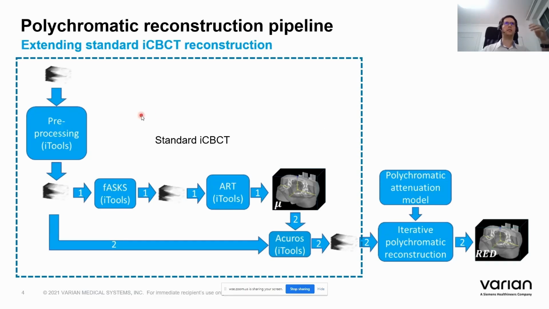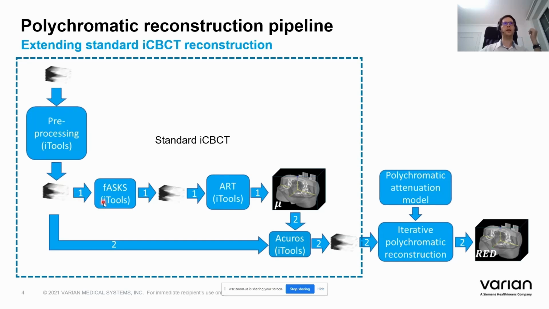Just like in a standard iterative CBCT reconstruction, we start by pre-processing the acquired CBCT images and correct for hardware scatter, for instance, the bow tie scatter. In the next step, we run a 2-stage object scatter correction.